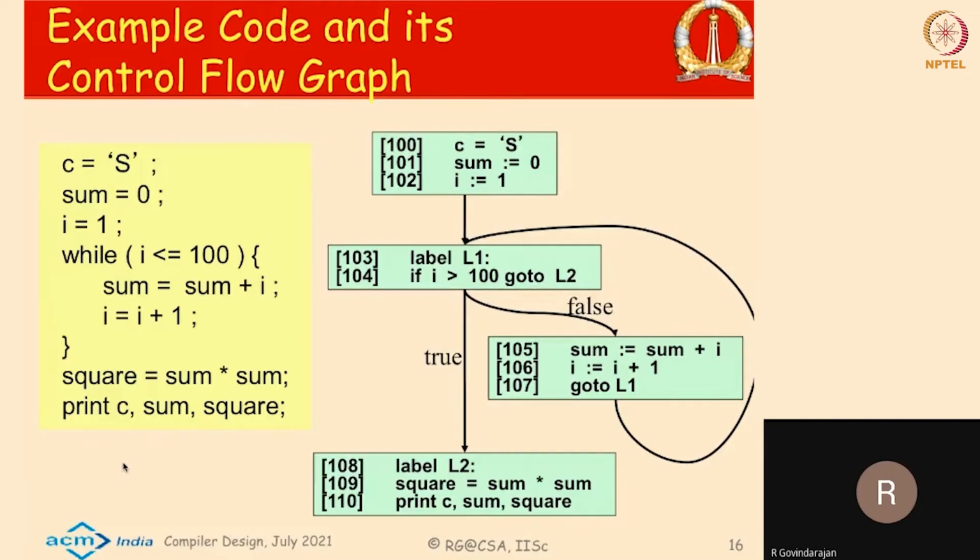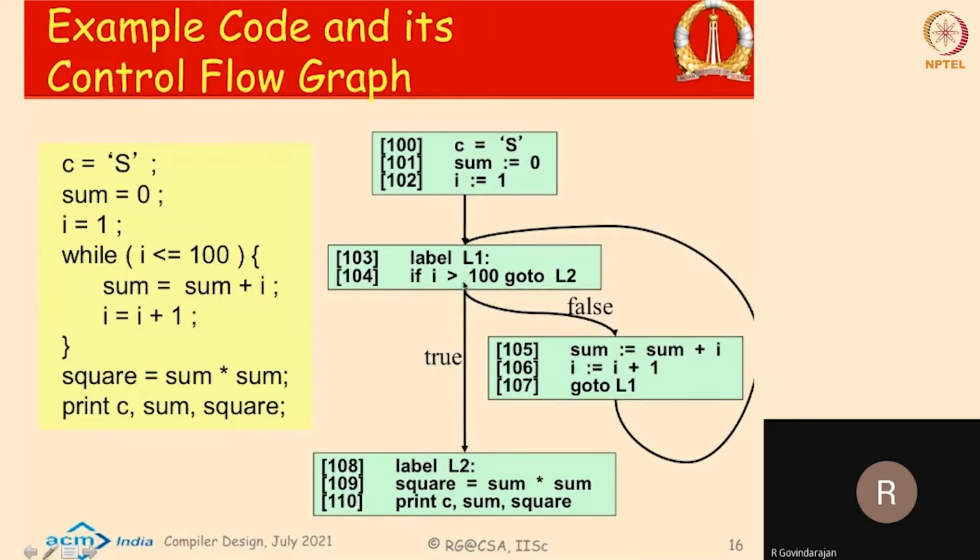These are the program variables. And of course, if you do some level of machine code generation, then some of these program variables would also be changed into temporary registers, etc. But let's leave that for the time being. So this is the control flow graph. You can see that the while loop condition is being checked here.